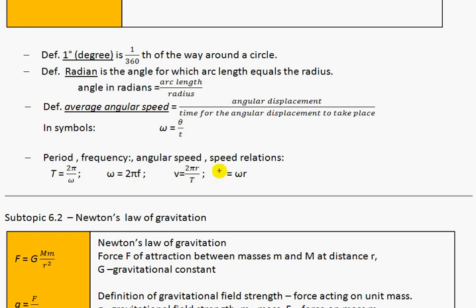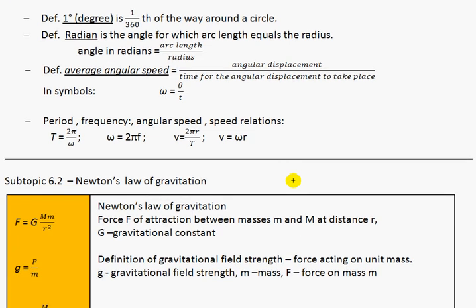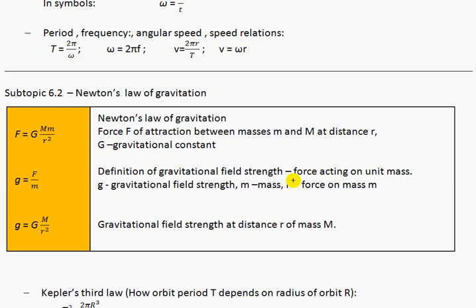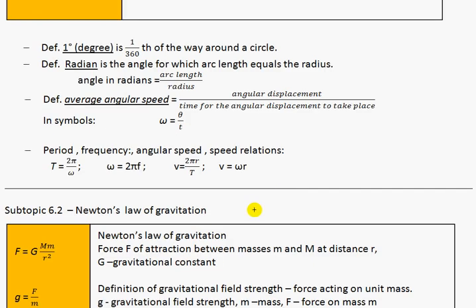Period, frequency, angular speed, and speed relations are the following. Here we use the idea that circumference is 2 pi r, and time of moving around the circle is capital T.